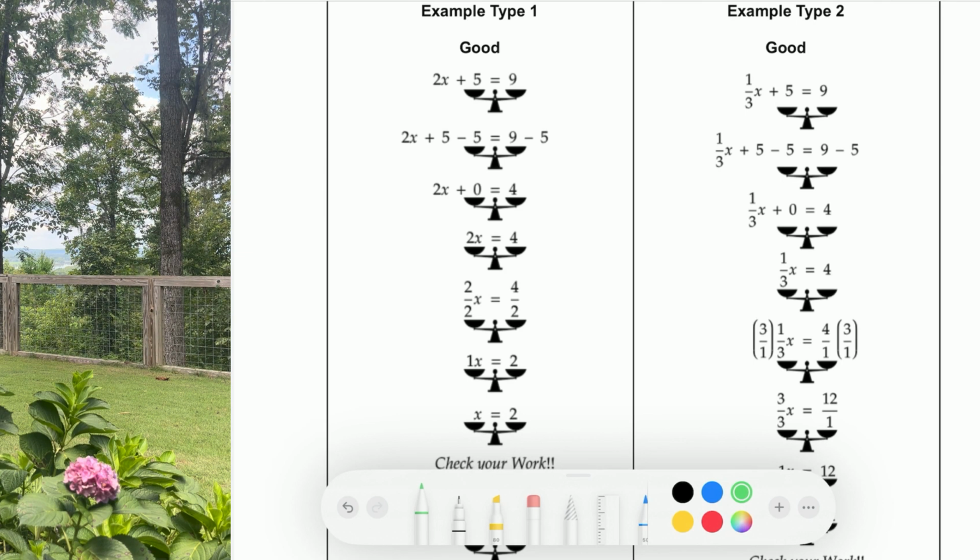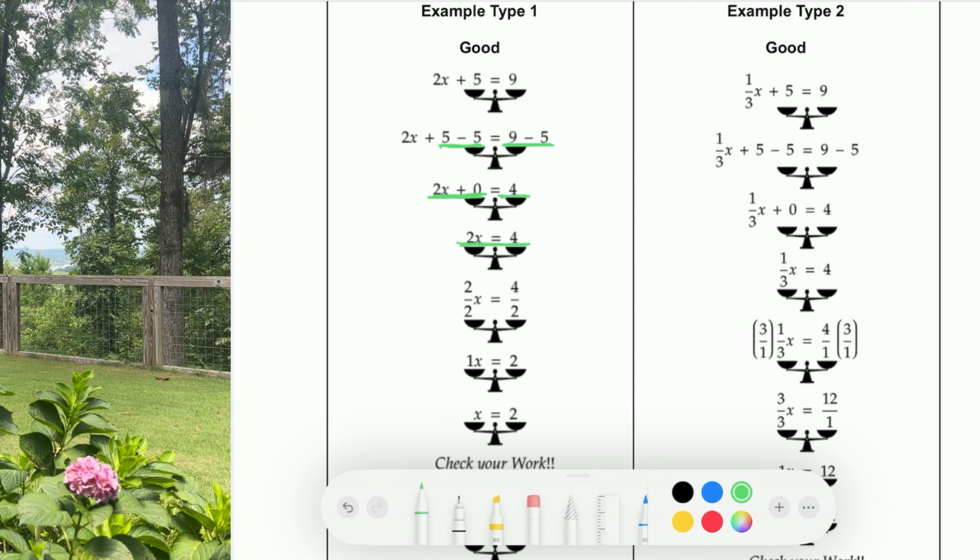We learned in the last lesson that if we want to deal with that 5, we need to subtract it from both sides to cancel it out. That gives us 2x plus 0 equals 4. We're doing well. We've subtracted 5 from both sides, so we're still balanced. We're still equal on each side. But what I'm left with is 2x equals 4.